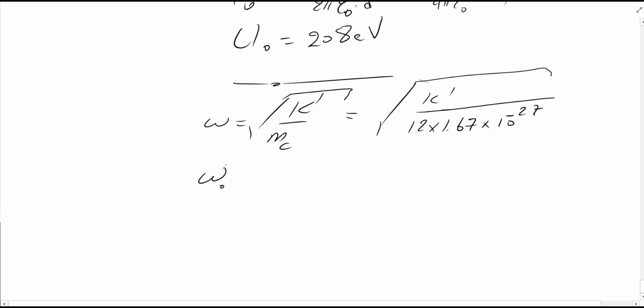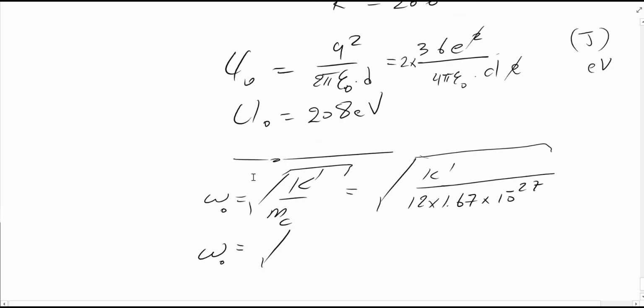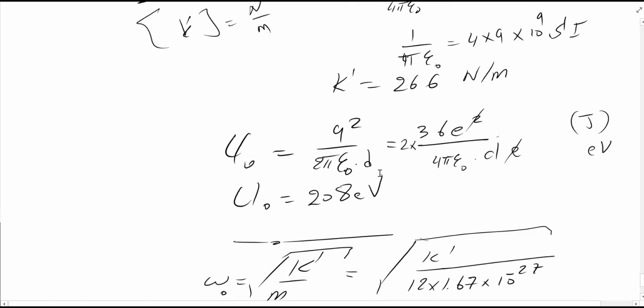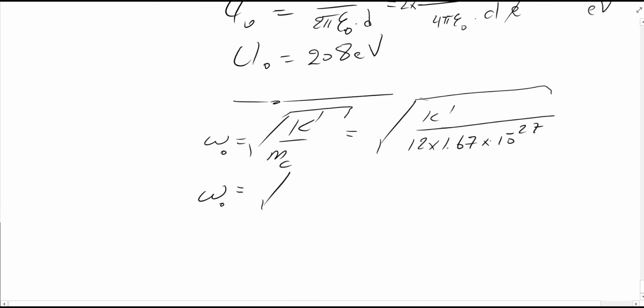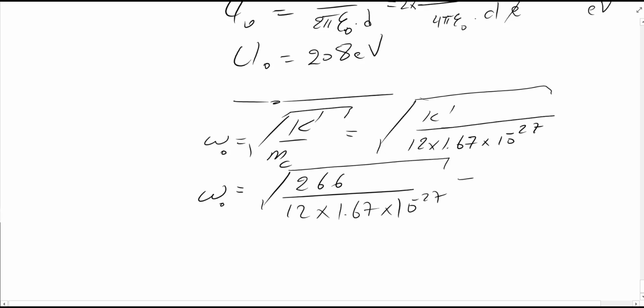So omega naught is going to be the square root of 266, did we say 266, divided by 12 times 1.67 times 10 to the negative 27 kilograms. This is the square root of k over m basically.